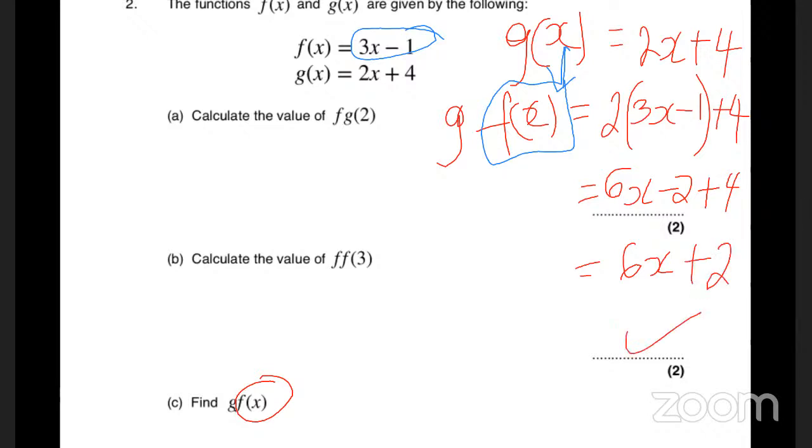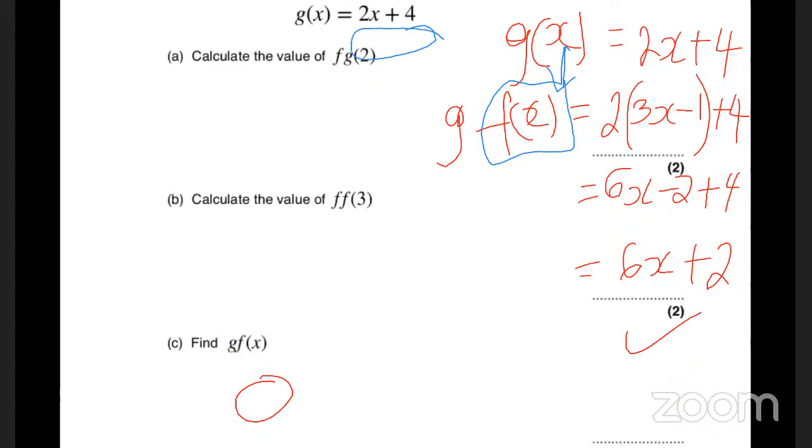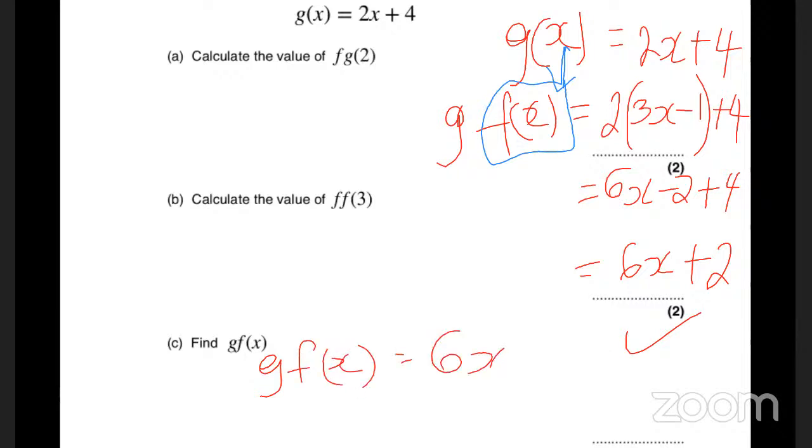That's our answer. Take a nice look yourself. Come and write your answer down here. I just like writing it over. g(f(x)) = 6x + 2.